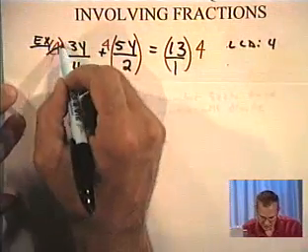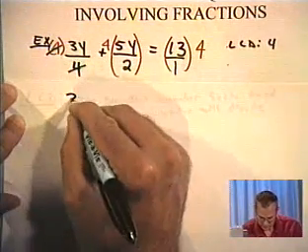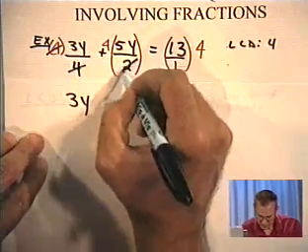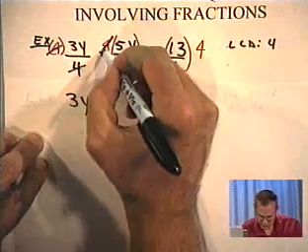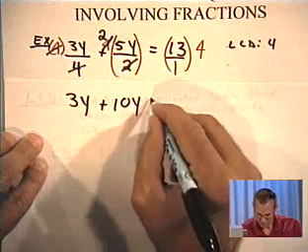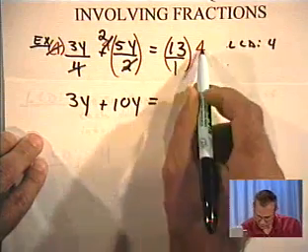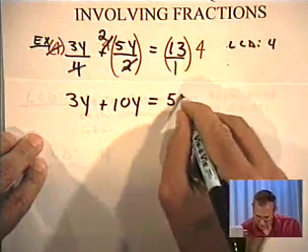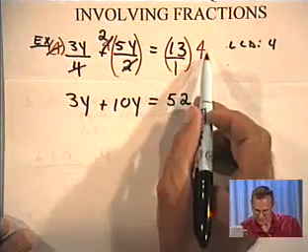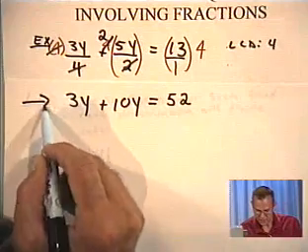Well, notice our 4's cancel, and I get 3y. 5y times 2 is 10y. And 4 times 13 is 52. Now, with one small step, I've got it into a fairly easy equation.